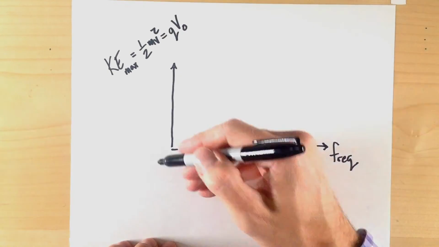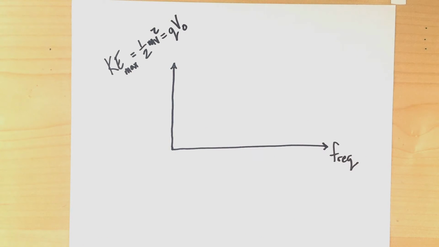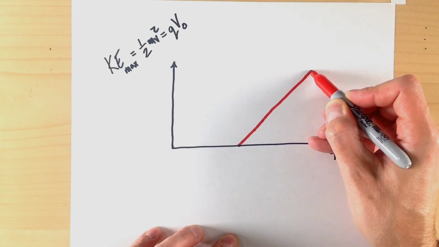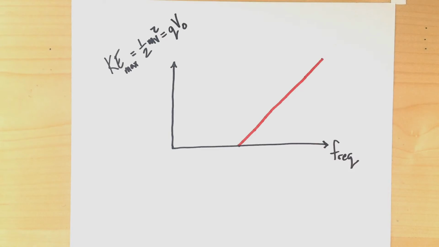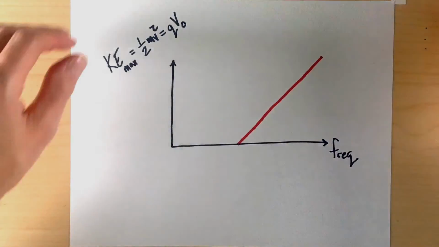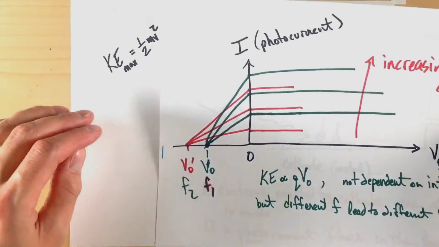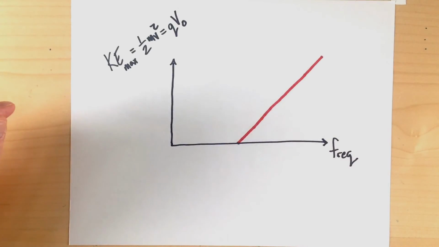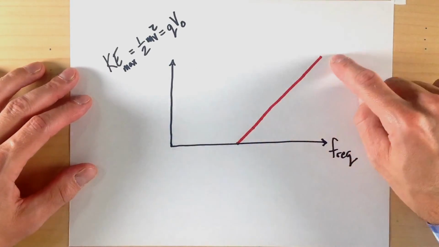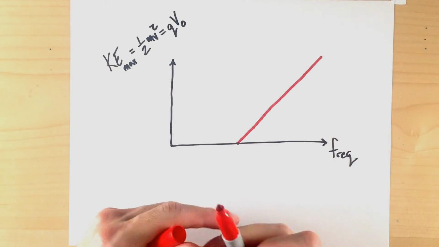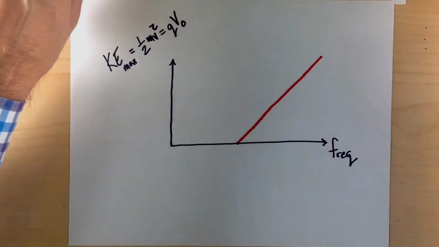All right, so if we map what we find from this experiment, we see a linear relationship between the energy or the bias voltage, V sub 0, where all the lines converge, that's over here, and the frequency of the light that produces it.